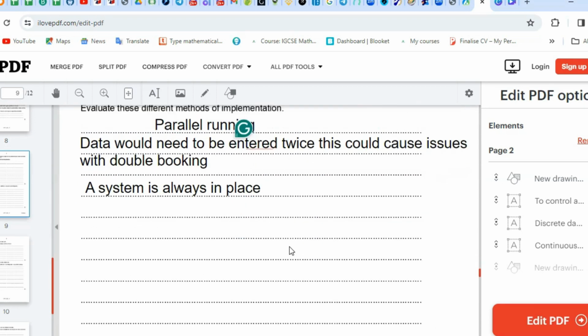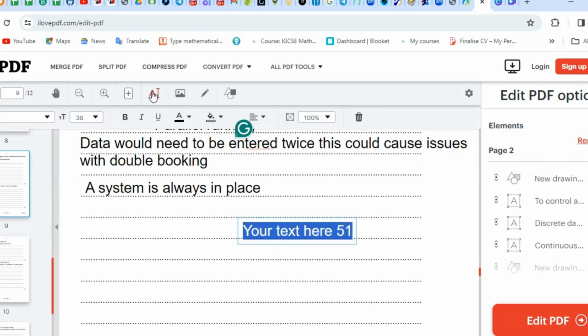Let's type one more. Since this is 6 marks, let's type 3.